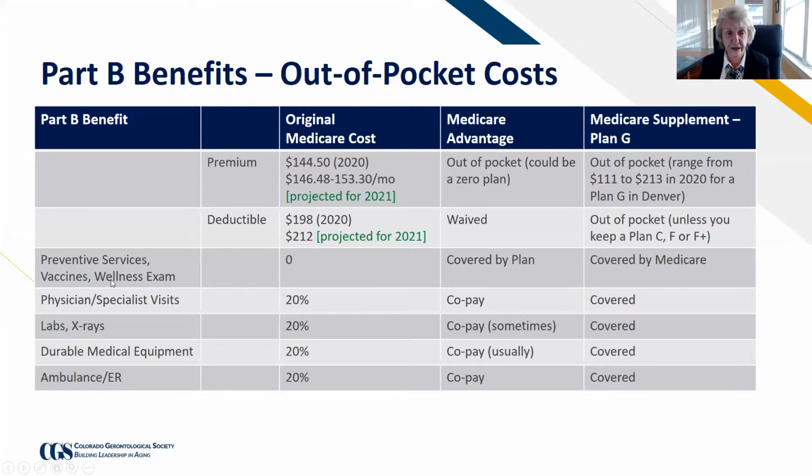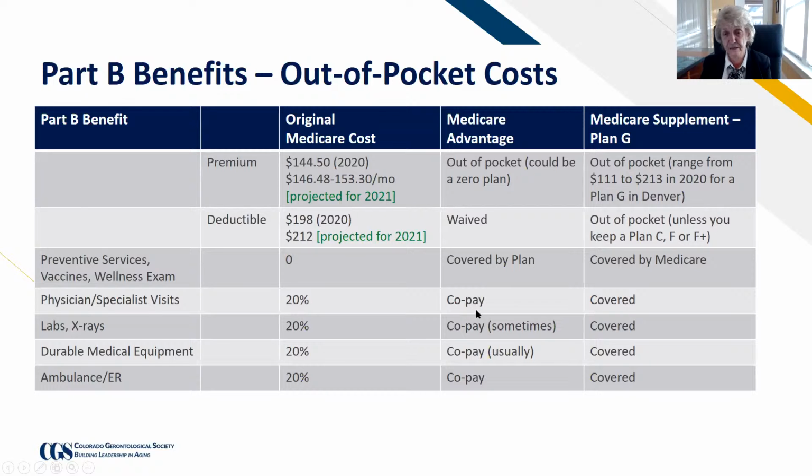We look at preventive services, vaccines, wellness exams. Medicare doesn't charge you for it. The plan covers it. If you're in an Advantage plan, if you're in a supplement, it's covered by Medicare. All the rest of these charges, such as physicians, labs, x-rays, durable medical equipment, ambulances, ERs, you pay the 20% copay, or the 20% is your responsibility.